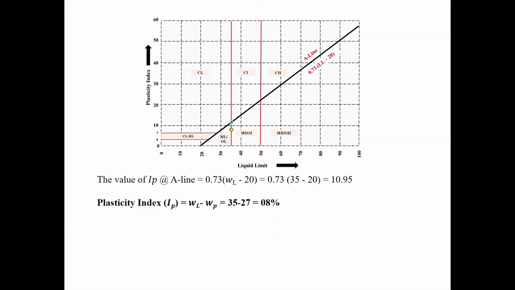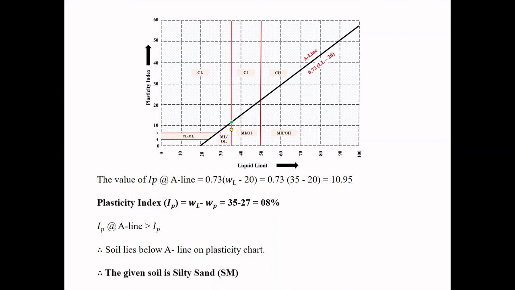As you can see, the plasticity index of the given soil is less than the plasticity index corresponding to the A line, which means it lies below the A line in the plasticity chart. Hence, we can say the fines present in the sandy soil is silt, and the final classification of the soil can be stated as silty sand, that is SM.